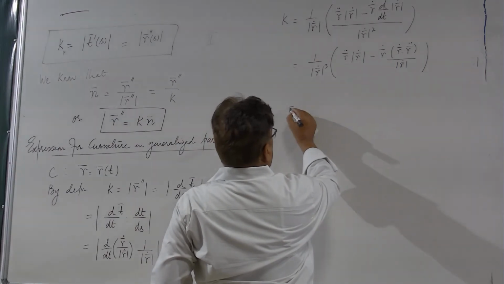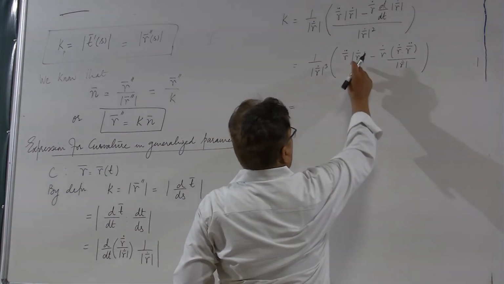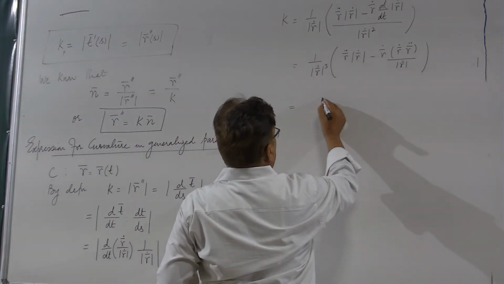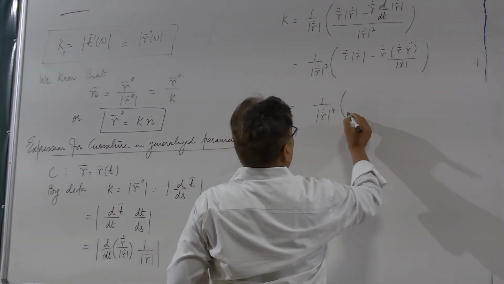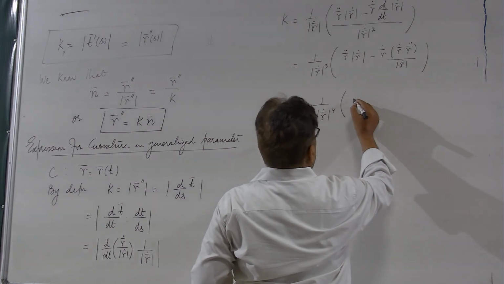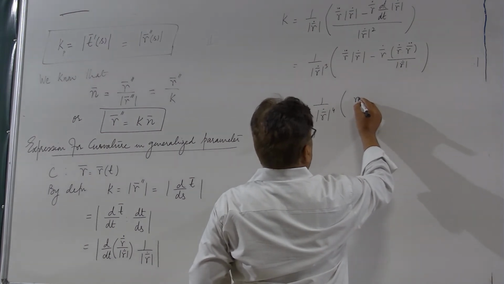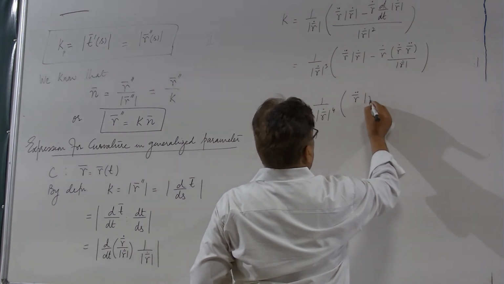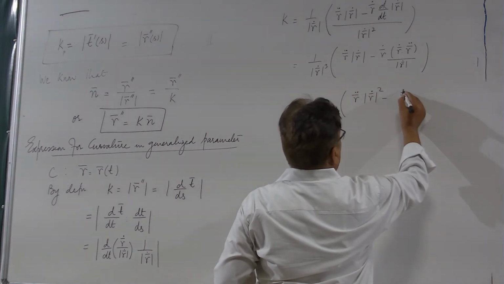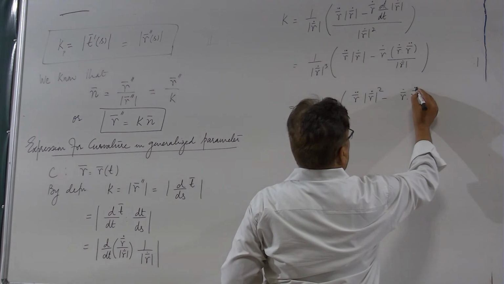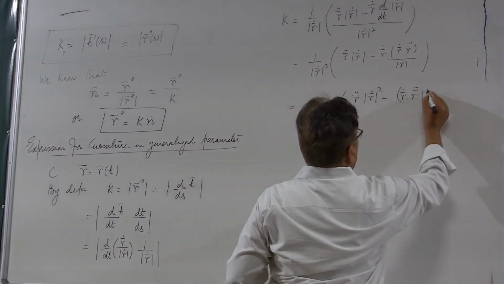Let me simplify a little more. I will multiply it over here, and this will become 1 upon mod r dot to the power 4, and this becomes r double dot into mod r dot square minus (r dot . r double dot) into r dot.